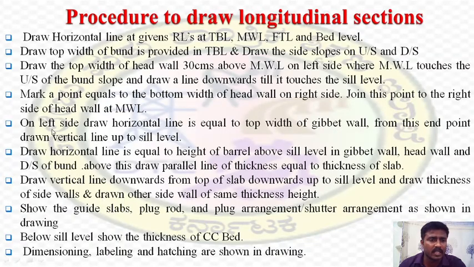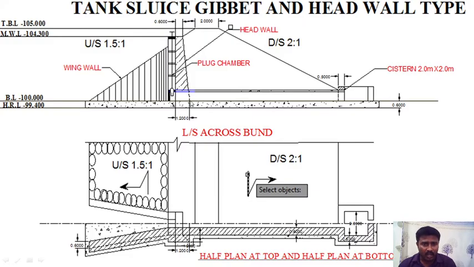Next point is, draw a horizontal line equal to the height of the barrel above sill level in the gibbet wall, head wall and downstream of the bund. Here you draw a horizontal line, parallel to the bed level line, at the gibbet wall portion, head wall portion and downstream portions.